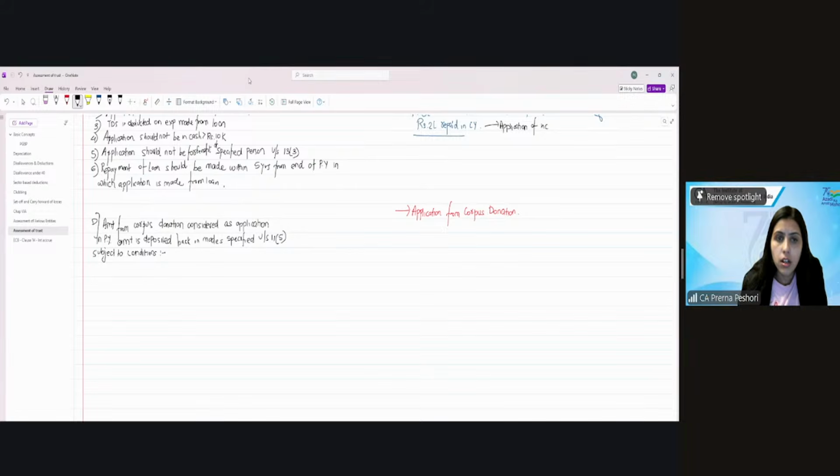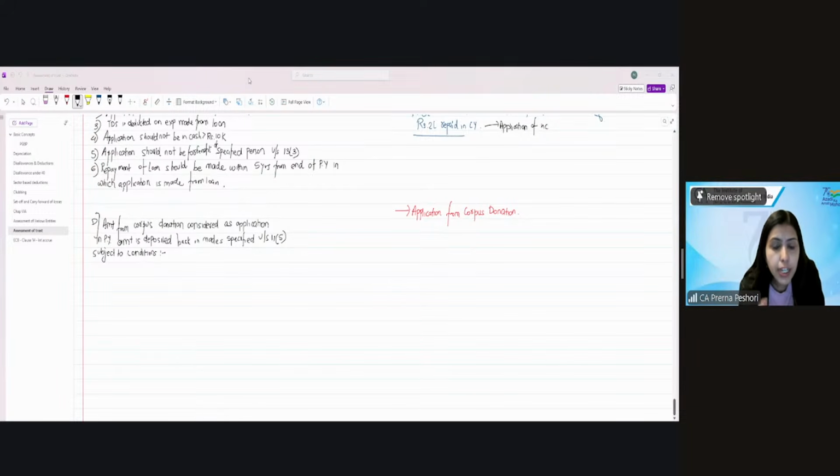So, when the corpus donations are received, they are exempt from income, provided they are invested in the mode specified in 11.5. So, any application made from the corpus donation is also not considered as the application of income.